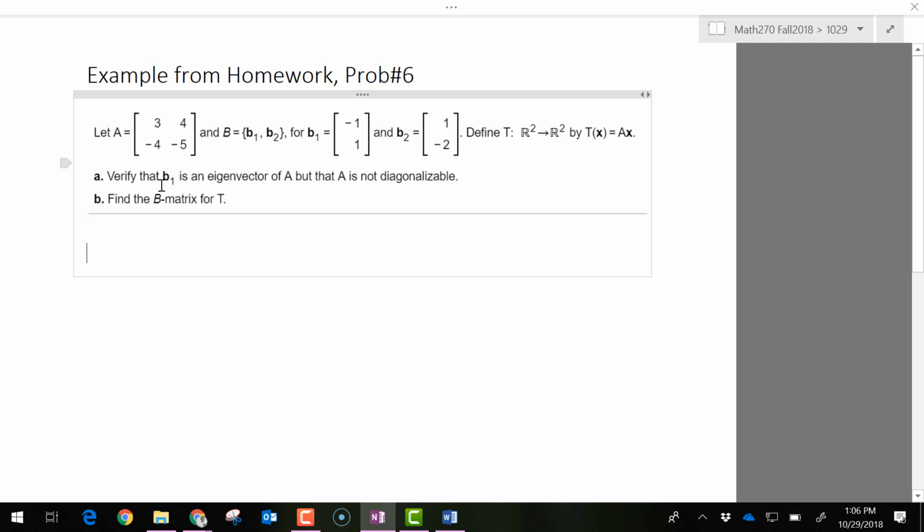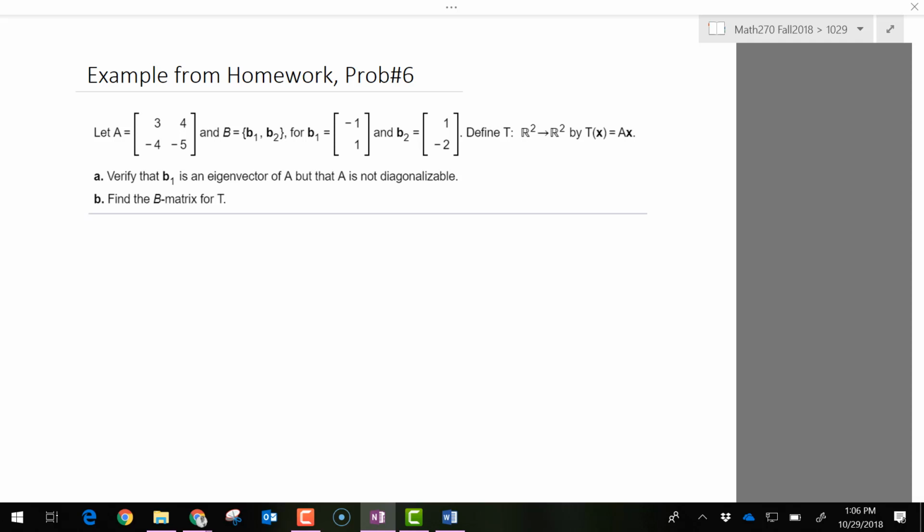So they want us to verify that B1 is an eigenvector for A, but A is not diagonalizable. Oh, so B1 is an eigenvector. We can go through the process of finding the eigenvalues and then the eigenvectors, and hopefully one of them will turn out to be B1.